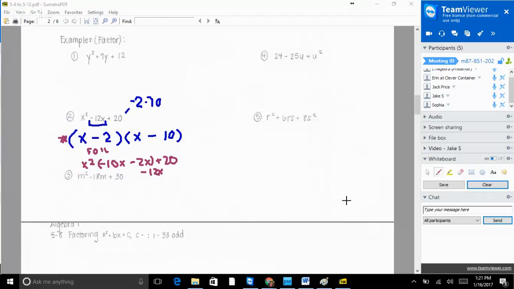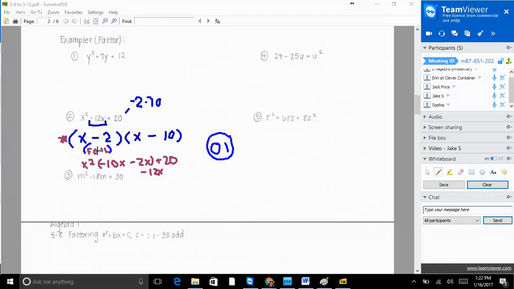Okay, let's do, oh, go ahead. Yeah. You don't have to check every single one. What I recommend people doing, honestly, is checking the OI part of your FOIL, right? Because you've set it up so the F and the L will be right. But you don't know if the O and the I work out.